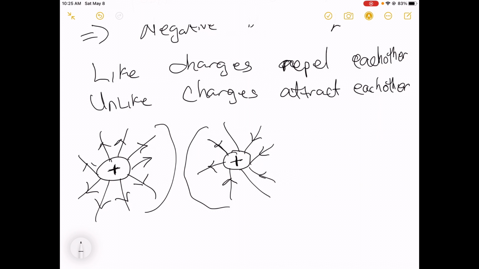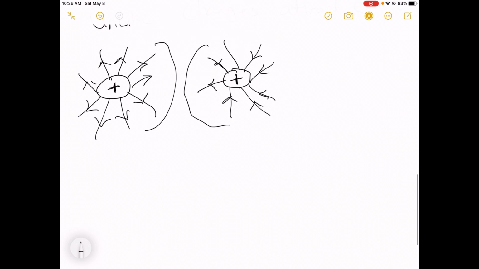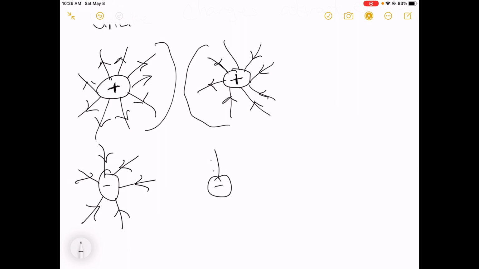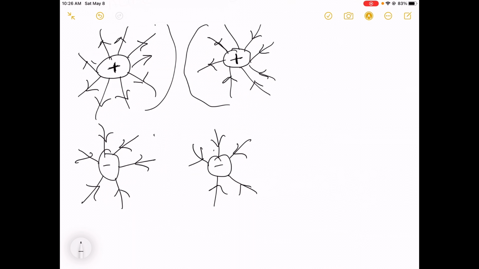Same thing goes for two negative charges. A negative charge attracts electron, it accepts electron. So electron goes into a negative charge. When you bring these two, there's a repulsion between them.